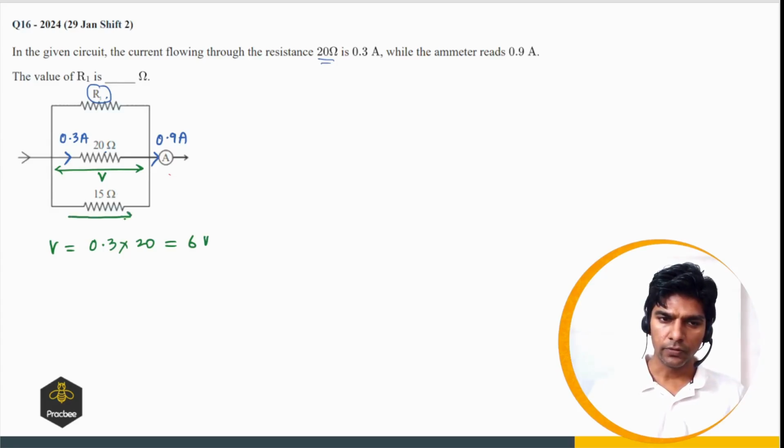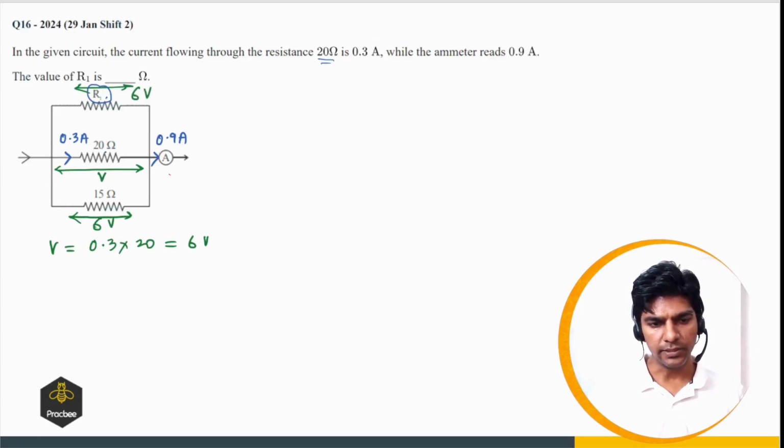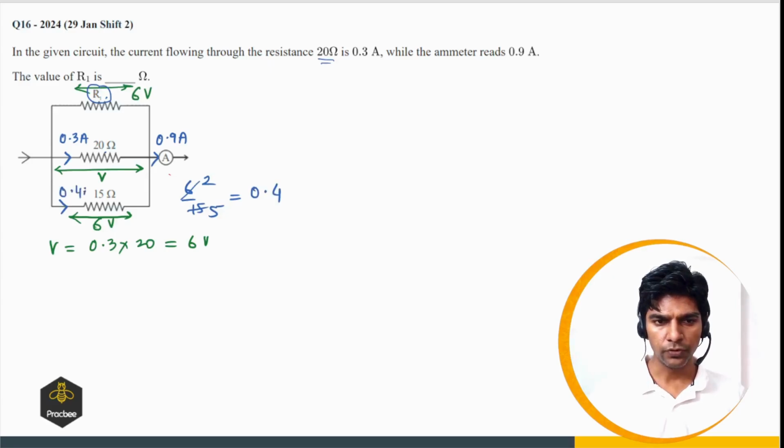Across R1 we also have 6 volts. So what is the current in the 15 ohms resistor? This current will be 6 by 15, so that will be 2 by 5, so it comes out to be 0.4. So this will be 0.4 ampere.